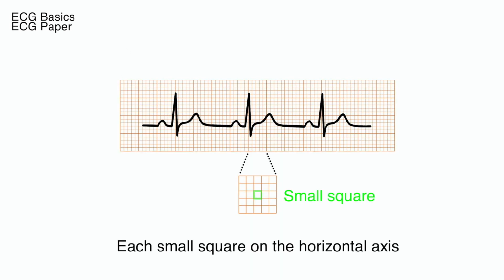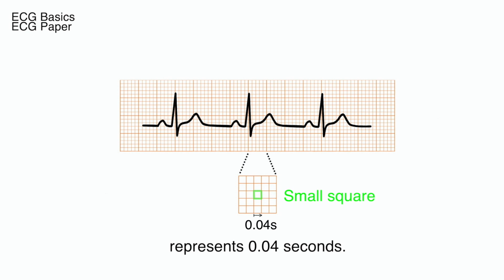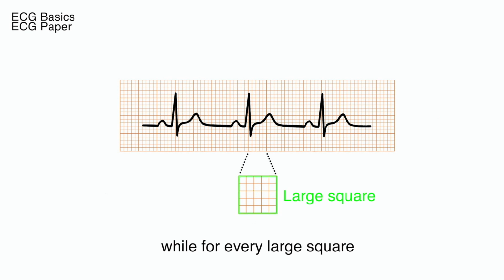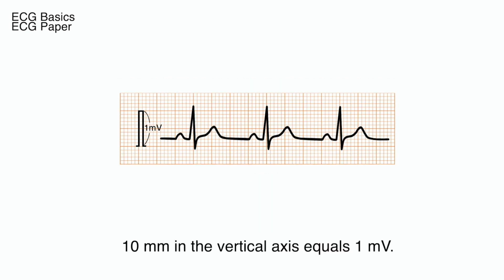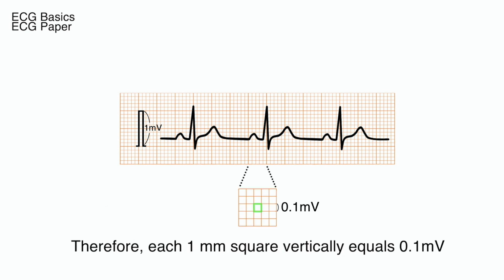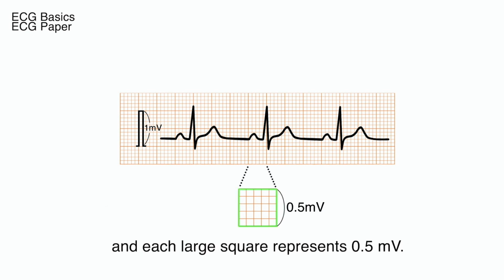Each small square on the horizontal axis represents 0.04 seconds, while every large square represents 0.2 seconds. By standard, 10 mm in the vertical axis equals 1 mV. Therefore, each 1 mm square vertically equals 0.1 mV, and each large square represents 0.5 mV.